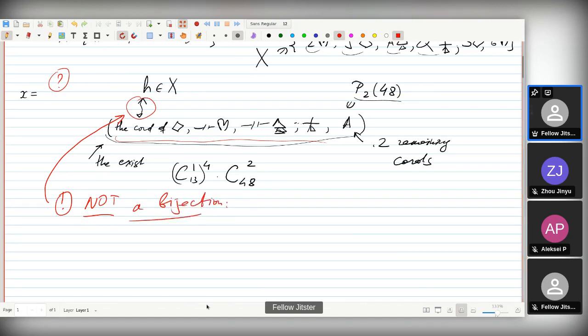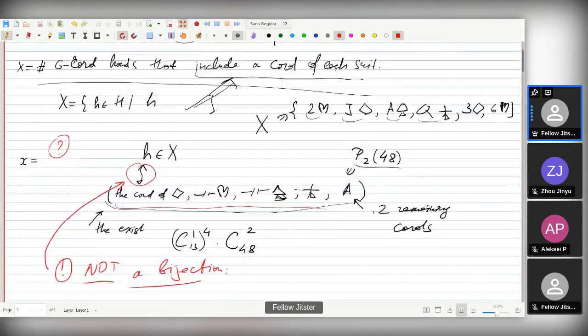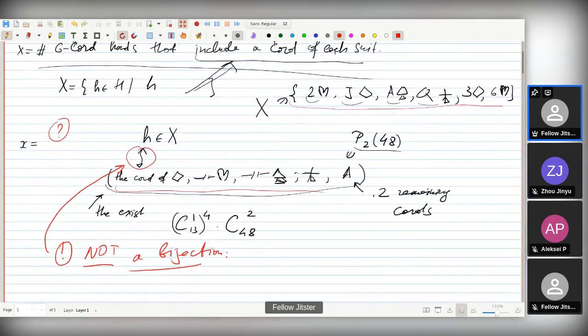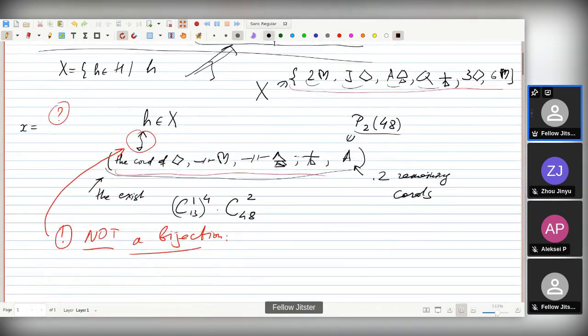Let us see. Look, assume we consider this particular hand. Here it is. Here we have 2 of hearts, jack of diamonds, ace of spades, queen of clubs, 3 of diamonds, and 6 of hearts.